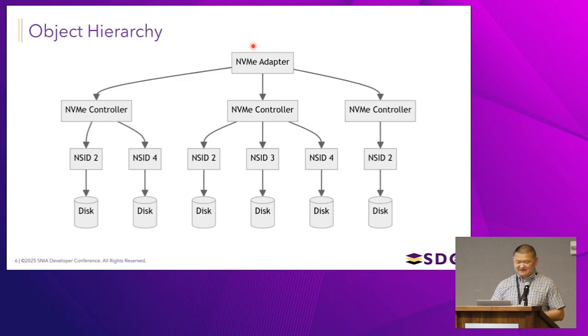And each NVMe controller has the ability to support one or more namespaces. Within the Store MQ model, a namespace will be exposed to the rest of the system as a disk or a physical disk. And from the perspective of the rest of the system, they will be able to see the NVMe adapter and then all the disks that are exposed.